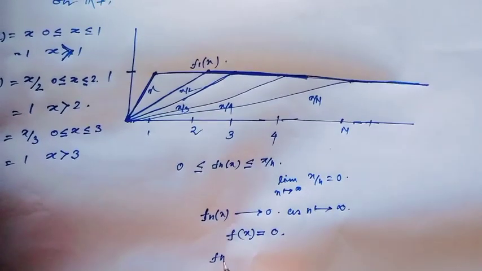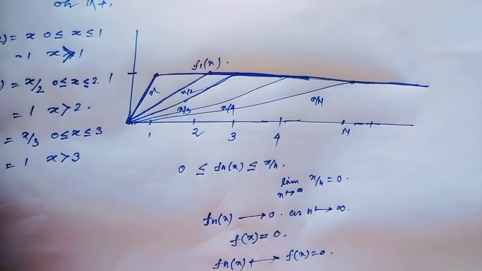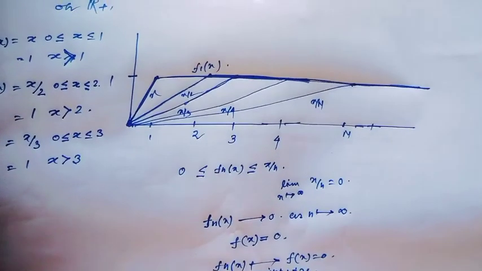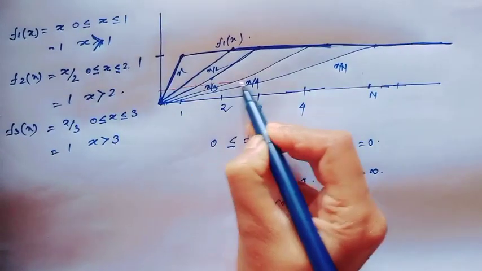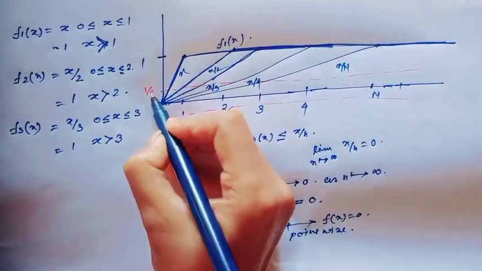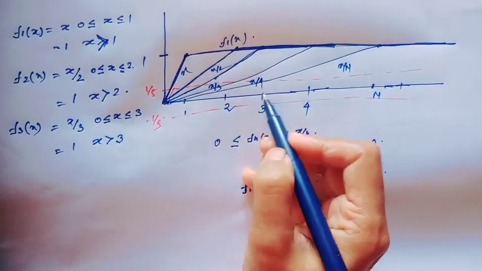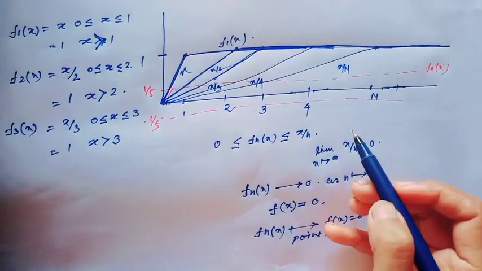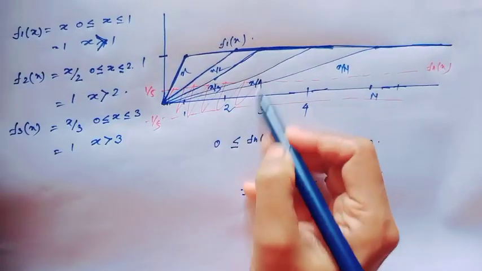That means this sequence of functions converges to the zero function, and this convergence is pointwise, but it is not uniform. If we consider this epsilon neighborhood, 1 over 5 to minus 1 over 5, then not all the functions f_n(x) lie in this interval. Notice the graph.